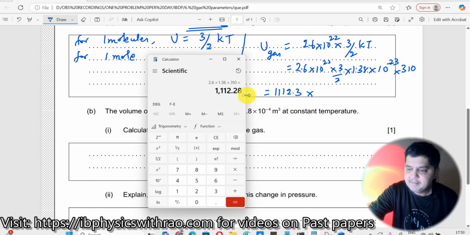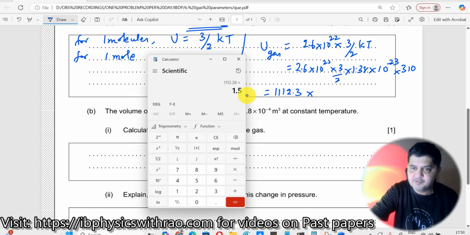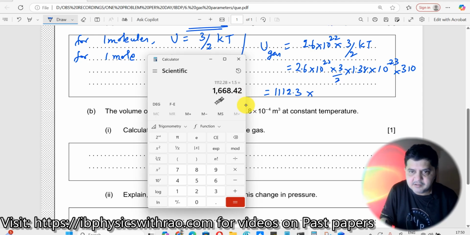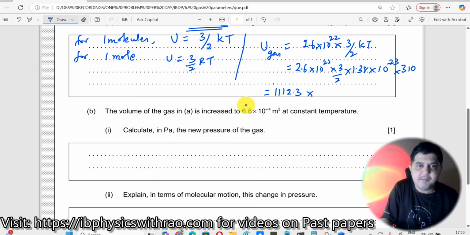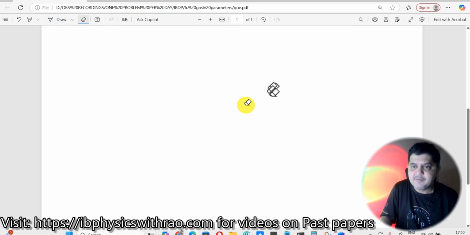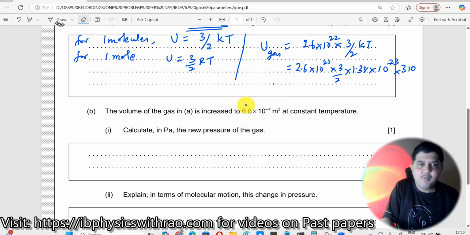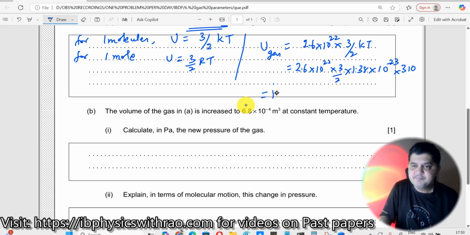Forgot this one. Multiplied by 1.5, since 3 by 2 is 1.5. So I do this, I get 1668. Therefore, 1668 multiplied by 10 to the power of 22, and here it is minus 23.